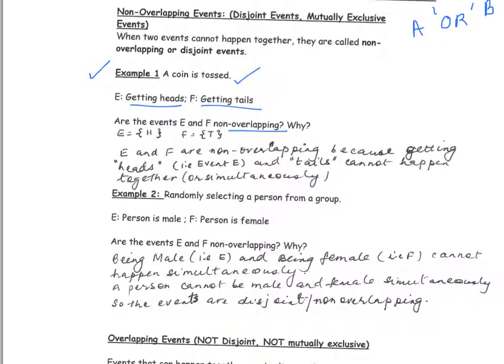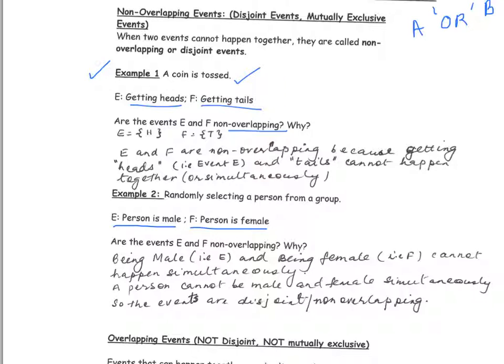Let's look at a second simple example of randomly selecting a person from a group. The first event is that the person selected is a male, and the second event is that the person selected is female. Are the events E and F non-overlapping, and why?